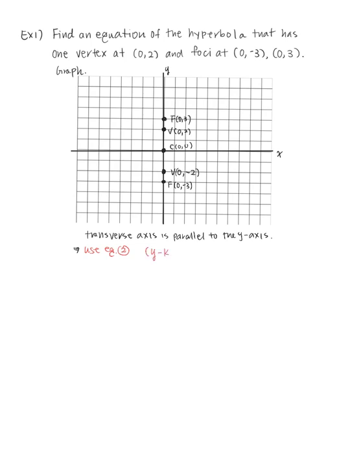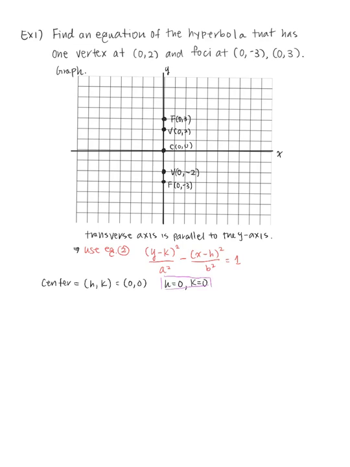So we have (y minus k) squared over a squared minus (x minus h) squared over b squared equals 1. I think we got this. So let's first go with the center. The center is given by (h, k), but our h in this case is 0 and k is 0. So h is 0, and k equals 0. Let me just box that.